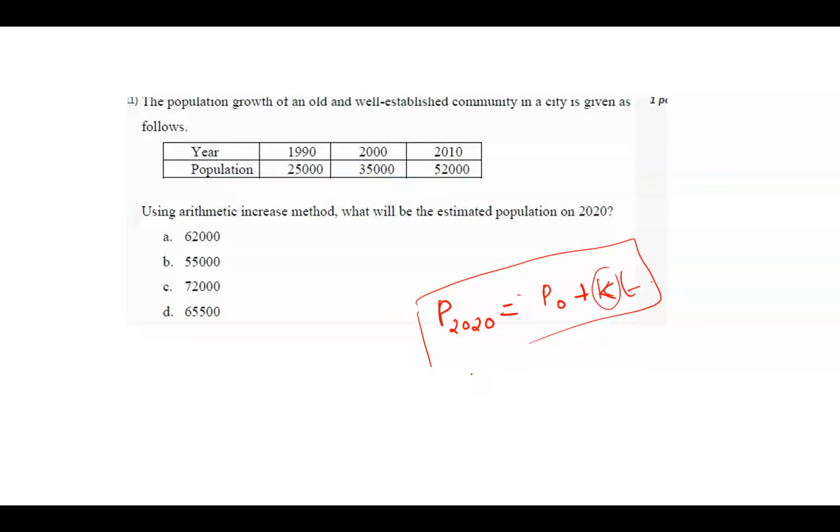Here P naught is the initial number of people, and you have to calculate the number of years in decades.